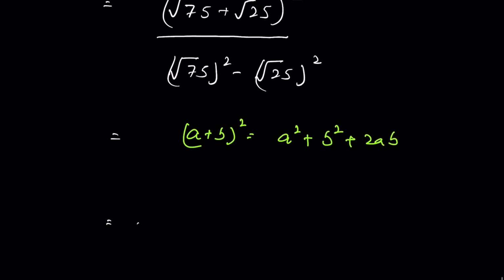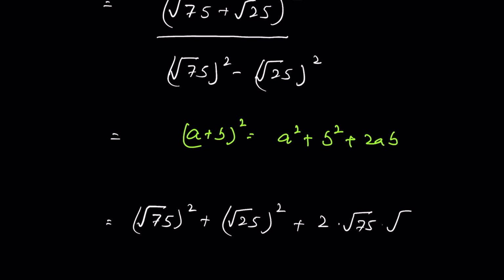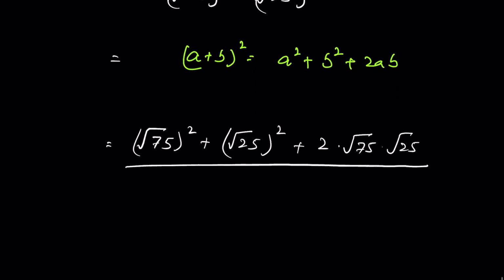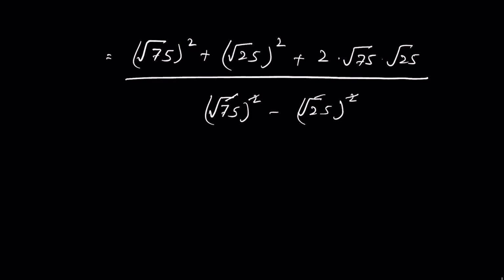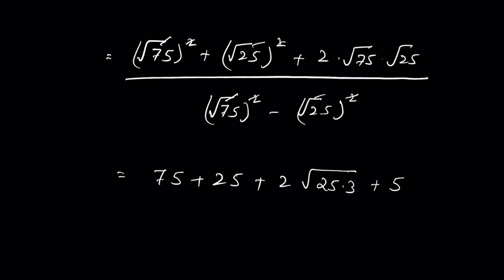So this will be (√75)² + (√25)² + 2 times √75 times √25 upon (√75)² − (√25)². We can remove the square root with this square. Again remove the square root with this square, so it is 75 + 25 + 2 times √75, which is √25 times 3, times √25, which is 5, upon 75 − 25.